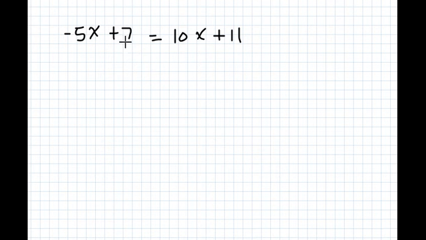Because I have a positive 10 as my coefficient in front of this x, and then I have a negative 5, I'm going to take this negative 5 over to the right-hand side, and then I'm going to take this 11 over to the left-hand side.